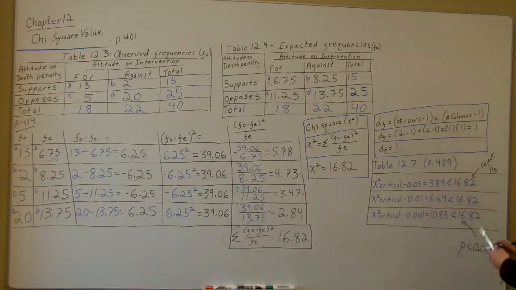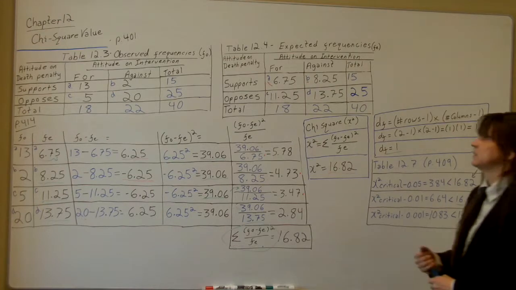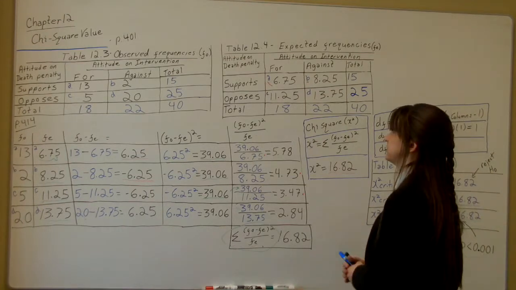So we do reject the null hypothesis. This is how you calculate the chi-square value in your textbook.